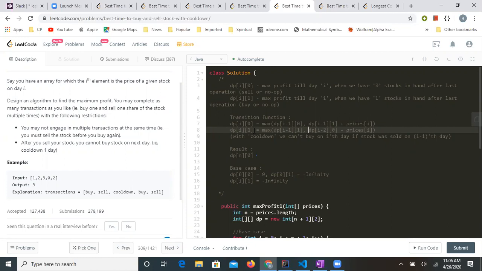So I depend on the previous-to-previous day. I should have zero stock in hand on the previous-to-previous day, not yesterday. Then I can do the buying today. I'm allowed to do that as per this second rule.